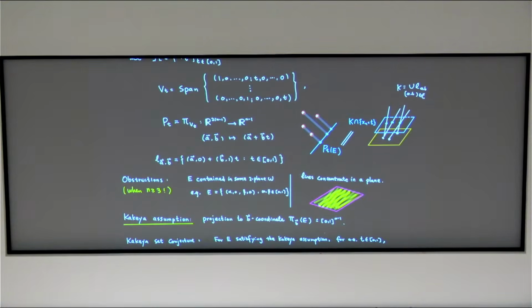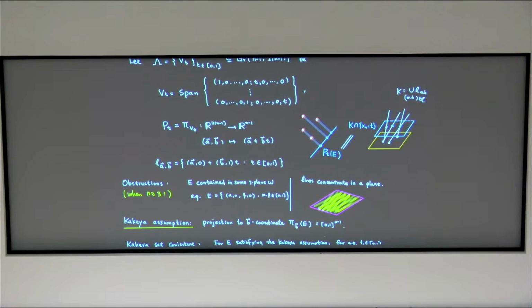So what are the obstructions? Here is just one of them. This is the same as what we discussed last time. For the union of lines problem, the obstructions are lines or tubes that are concentrated in a smaller box, for example, in R3. Here I'm just drawing a plane instead of a general box.